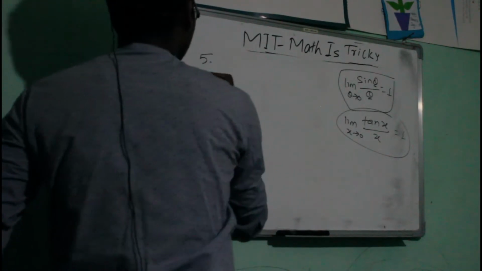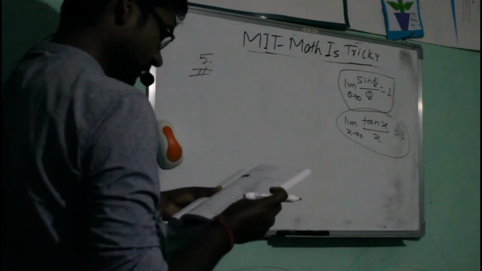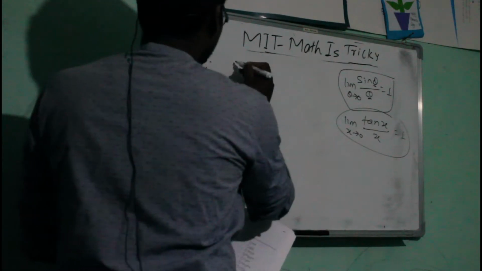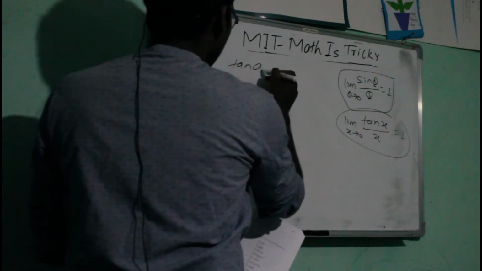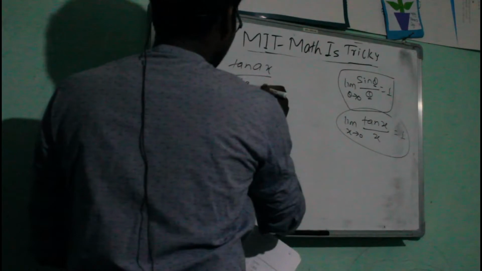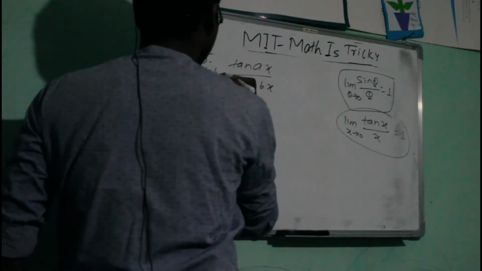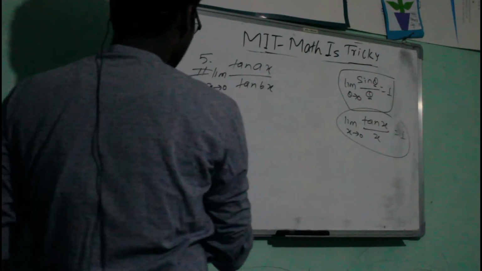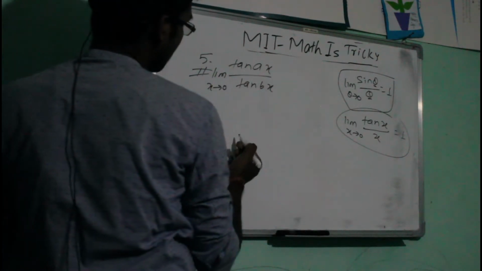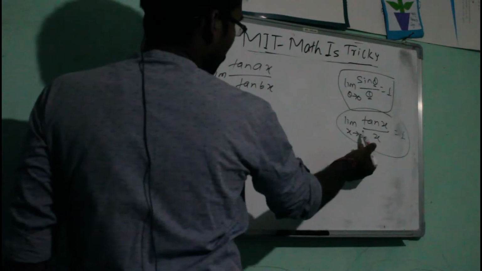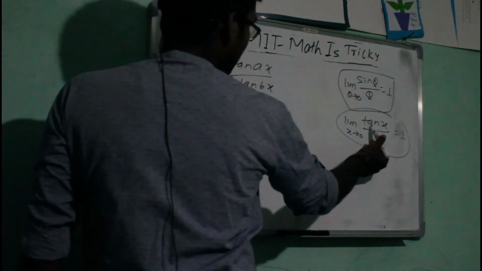Let me write another problem for you and solve it. Question number 5: tan ax by tan bx, limit x tends to 0. Again, as I just told you, we have already proved the formula for tan also, tan x by x is also 1.